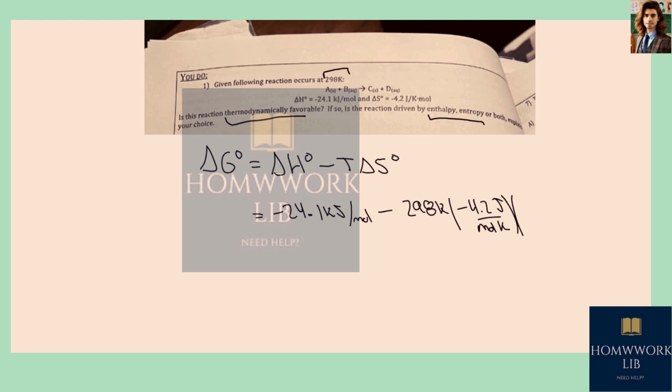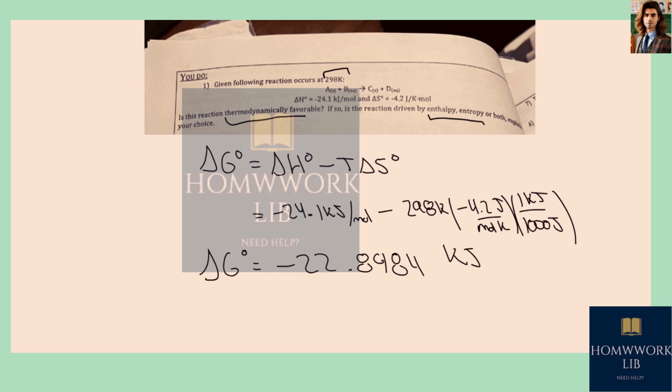Notice that the last factor we need to transform into kilojoules by dividing by 1000 joules. So the value for delta G naught in kilojoules would be equal to minus 22.848 kilojoules per mole.